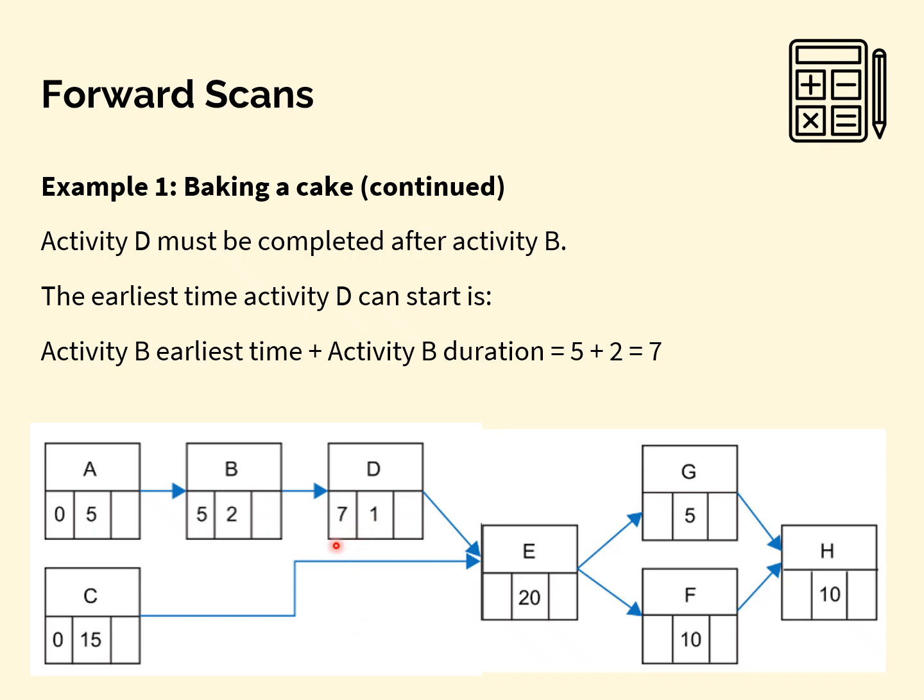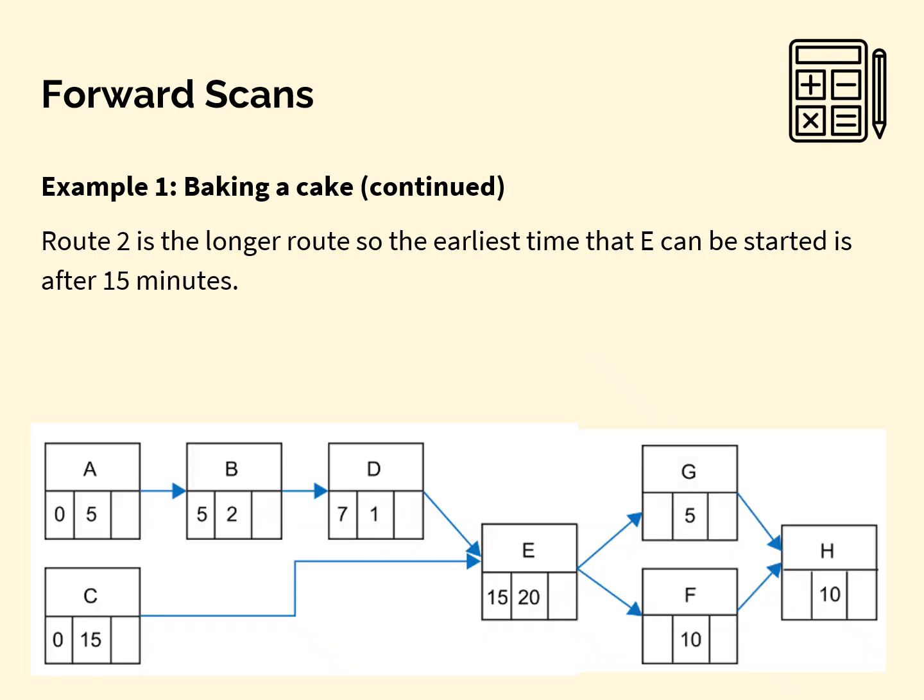So activity D starts at minute 7 and only takes 1 minute. So 7 and 1 makes 8. Activity C starts on minute 0, takes 15 minutes. So 0 and 15 makes 15. So we take the maximum of those, 8 and 15, so that would be 15 in this case, and that is activity E's early start time.